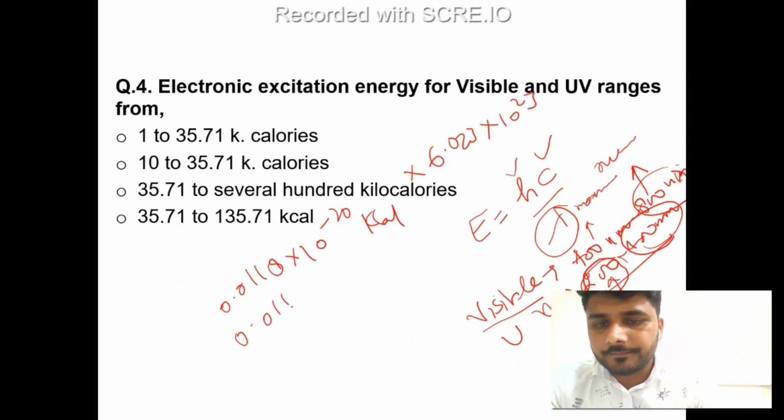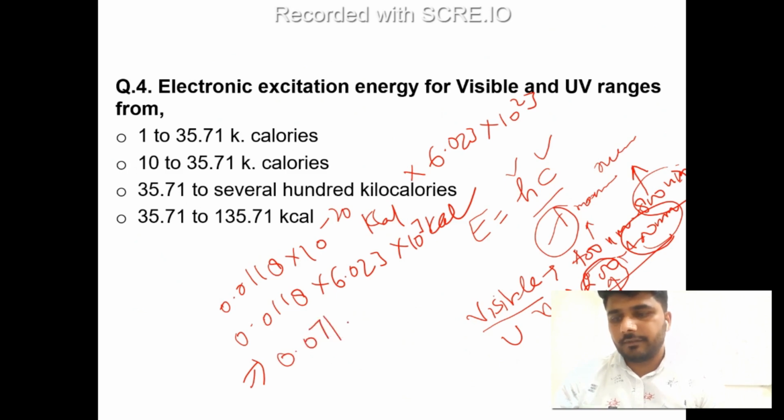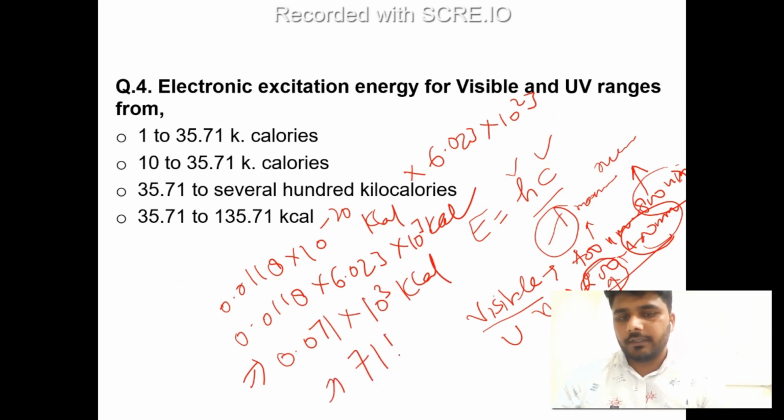That gives 0.071 times 10 raised to 3, or you can write it as 71 kilocalorie.